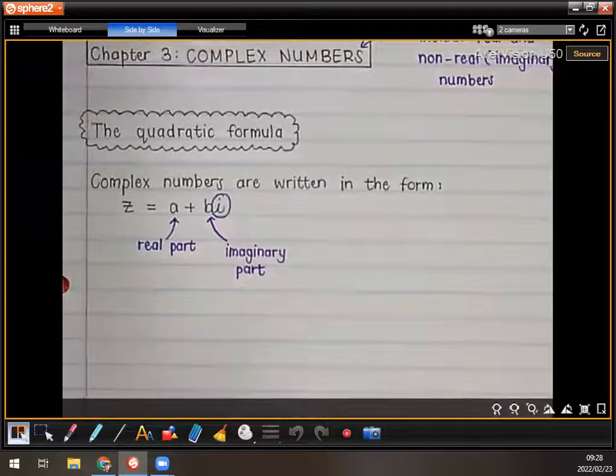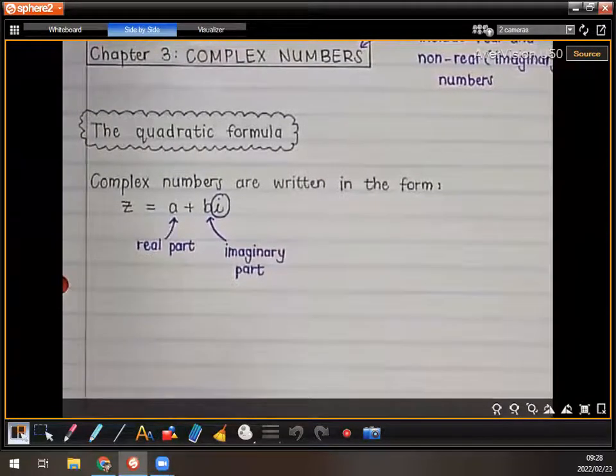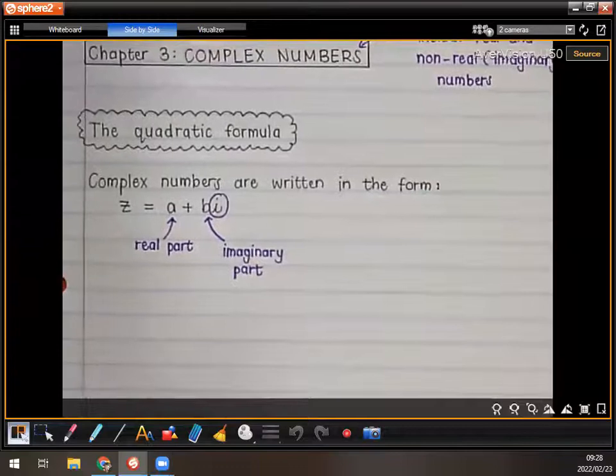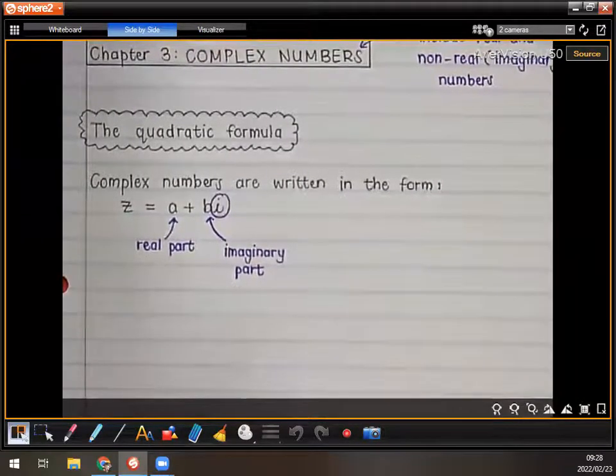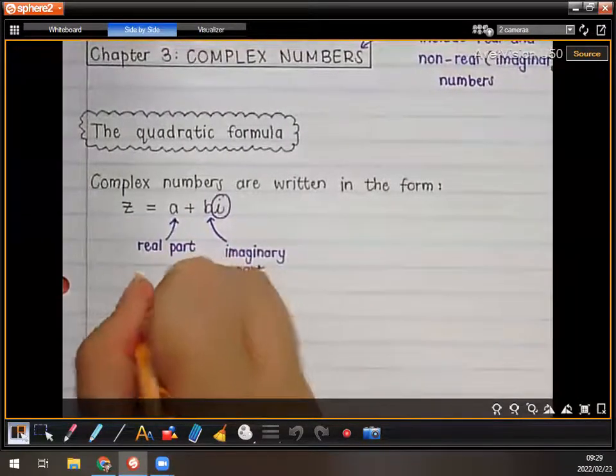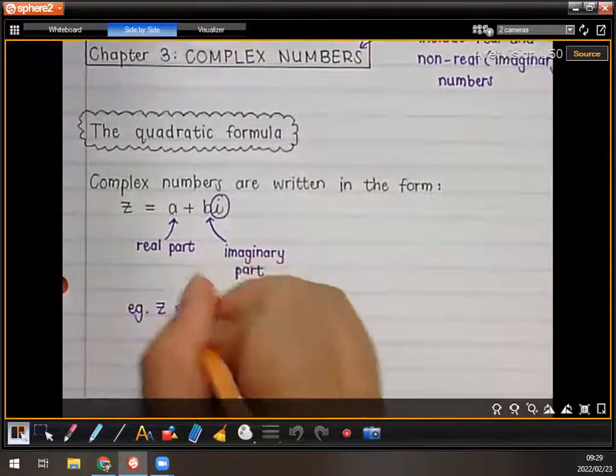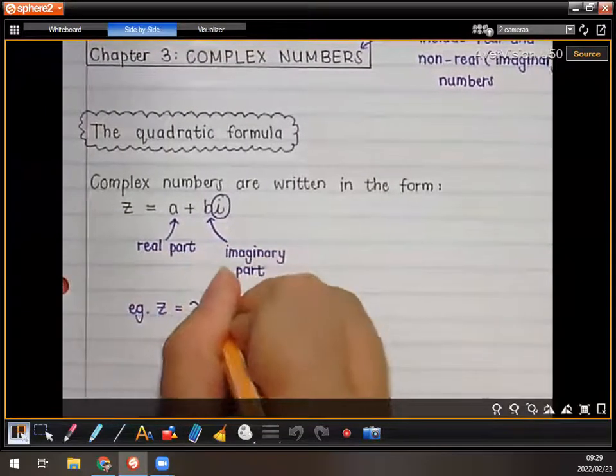So for example, 2 plus 3i. That is a complex number. 2 plus 3i. 6 minus 4i. Your a and your b values are numbers, and there will be an i. So for example, Z could be equal to 2 plus 3i.